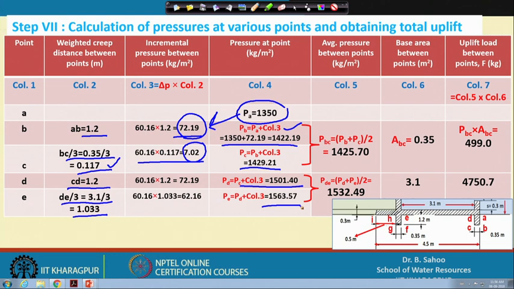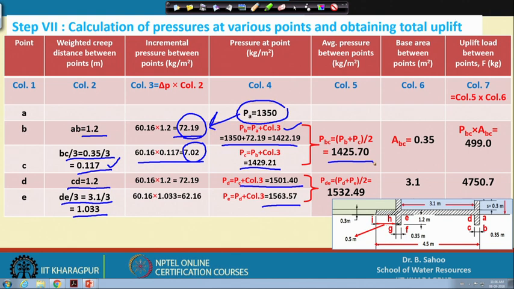Then the average pressure between the points will be estimated as the average of P B and P C, the average pressure between B and C. So, that will equal P B plus P C divided by 2. So, you will get 1425.70.